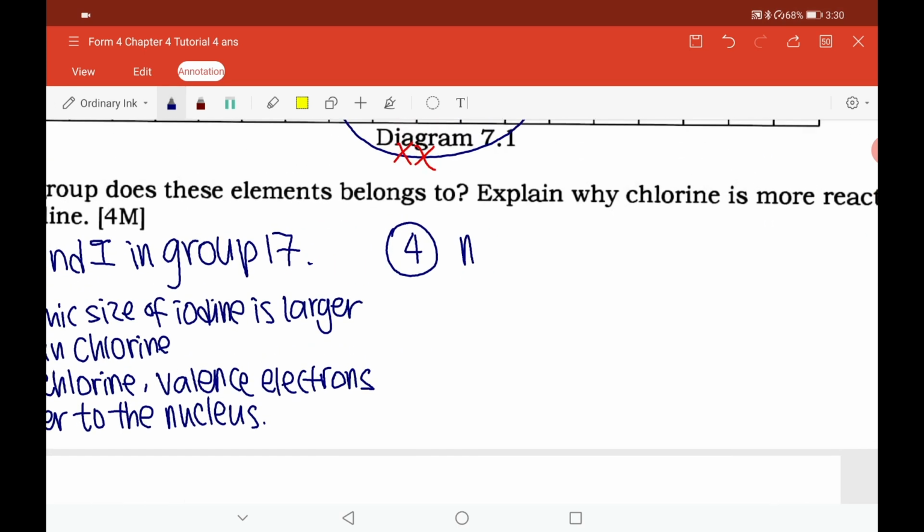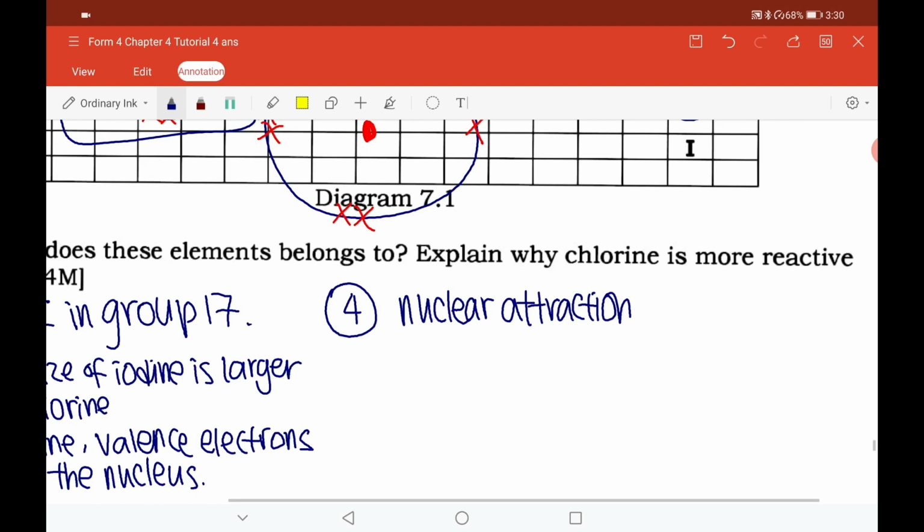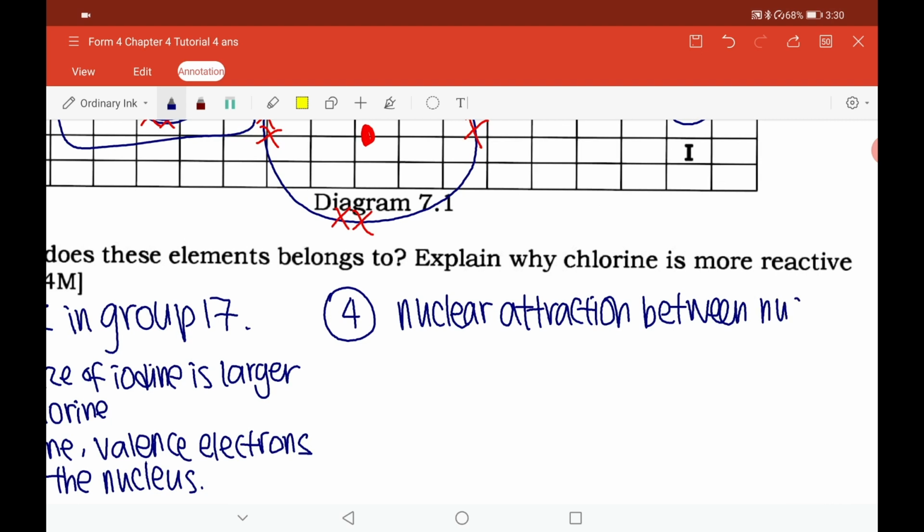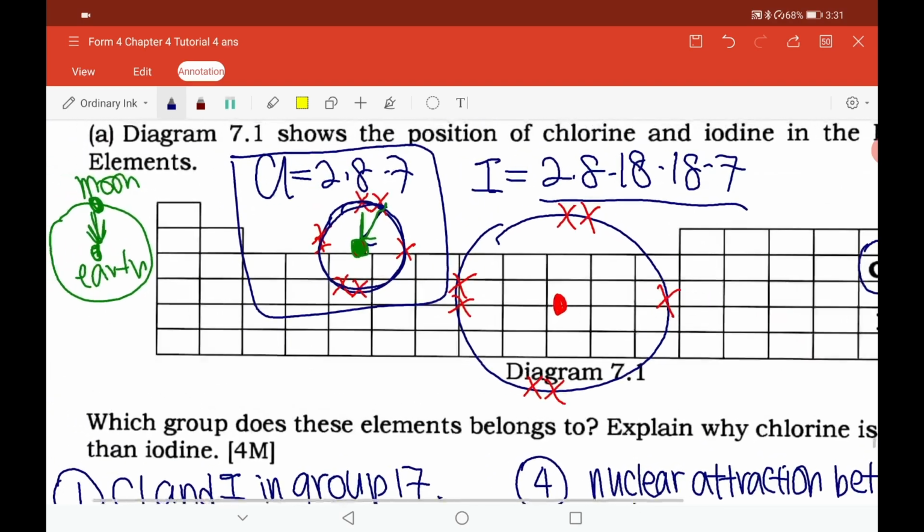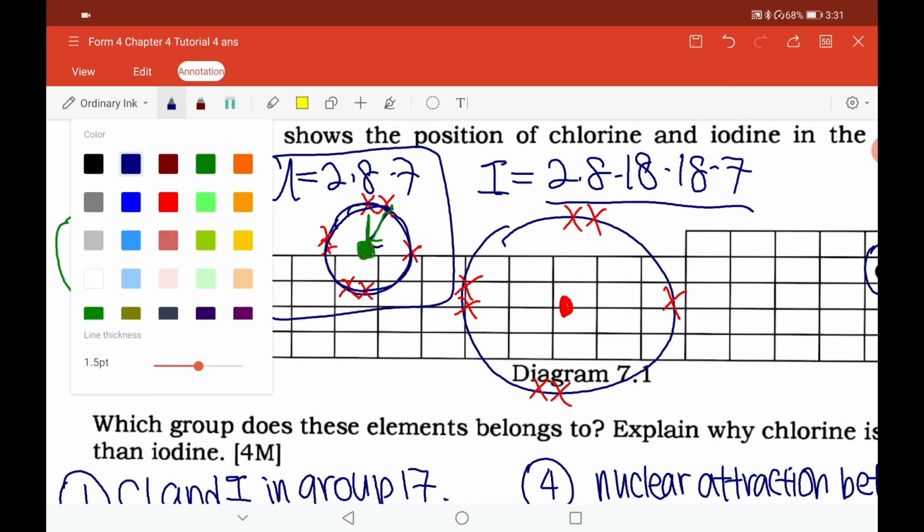So you can just use the words nuclear attraction. The nuclear attraction is between the nucleus and also the electron, because we want to use the nuclear attraction to pull one more electron from outside.